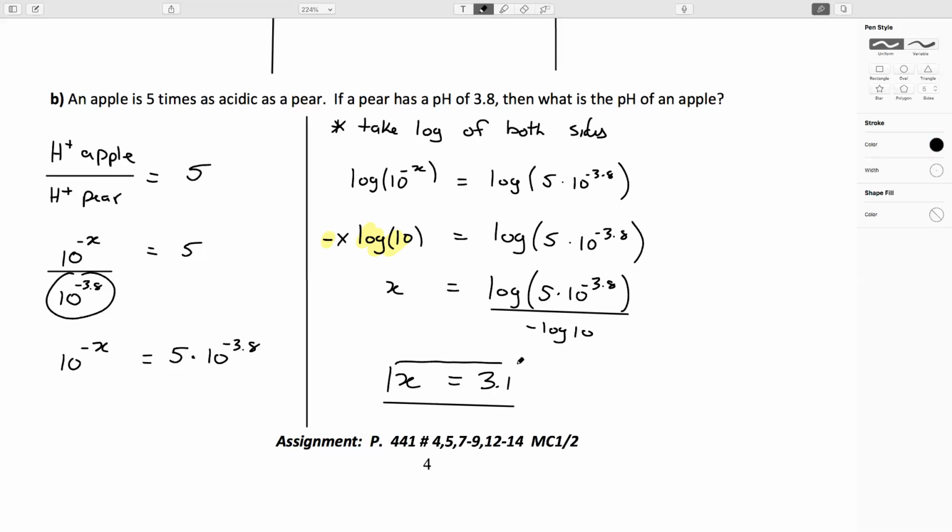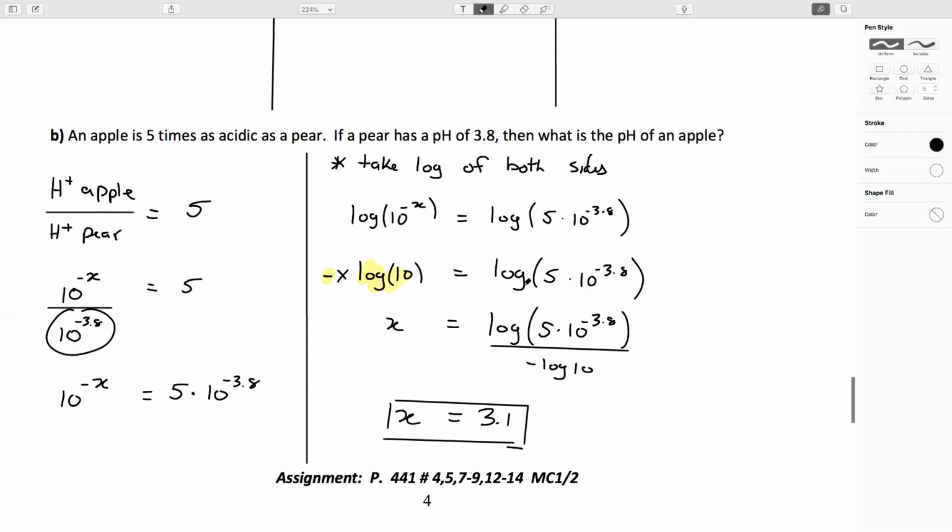So that would be the pH of a pear. Or sorry, an apple. So this is a bit of a roundabout way of doing it. If you're in a chemistry class and you've learned other ways of doing this, do it that way if you find it easier. But this is just one method of solving these kinds of problems.